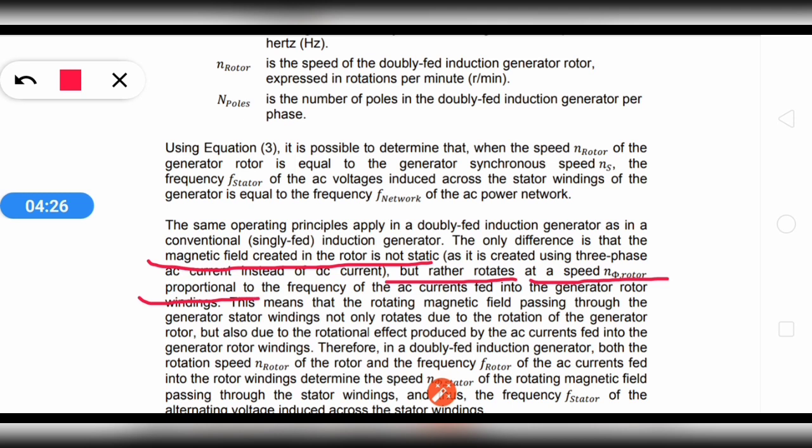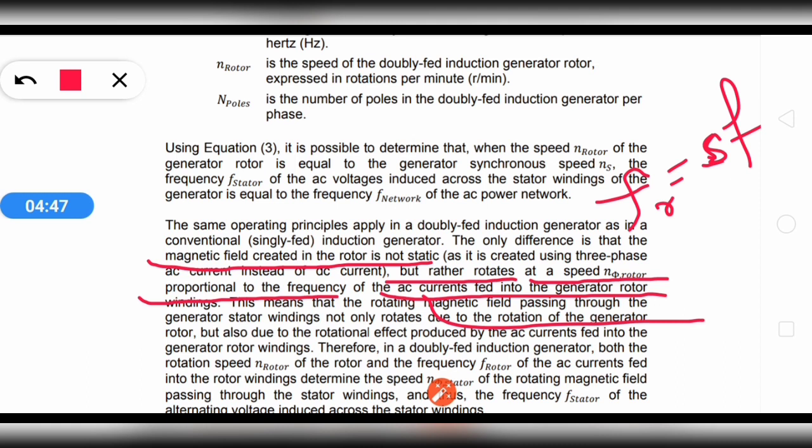This speed is proportional to the frequency of the AC currents fed into the generator rotor. We all know the formula for the rotor frequency of the AC current is slip times the frequency. So in DFIG, one additional term comes in, the frequency of the AC currents.